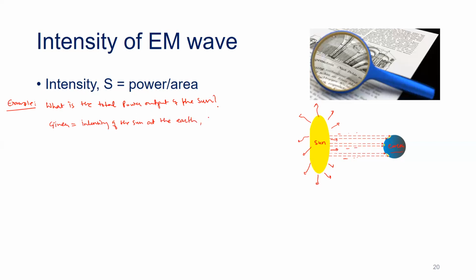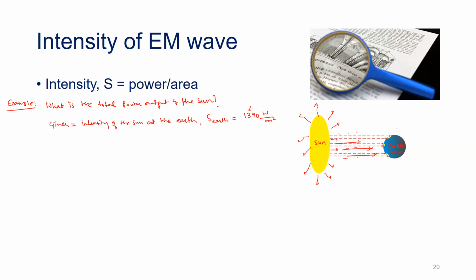Let's define it as S_earth, that's the number, let's say 1390 watt per meter square. So it says that the rays coming and falling onto the surface of the earth, the intensity is about 1390 watts. So approximately 1.3 kilowatt per meter square.